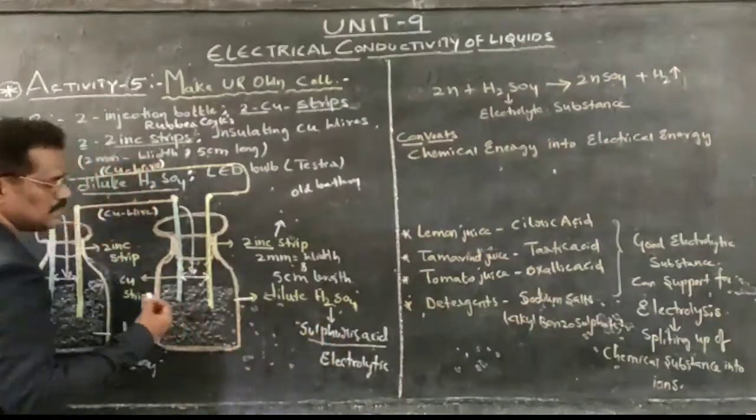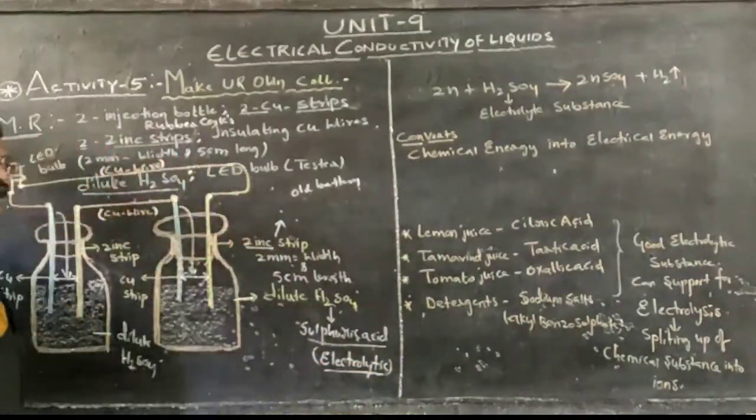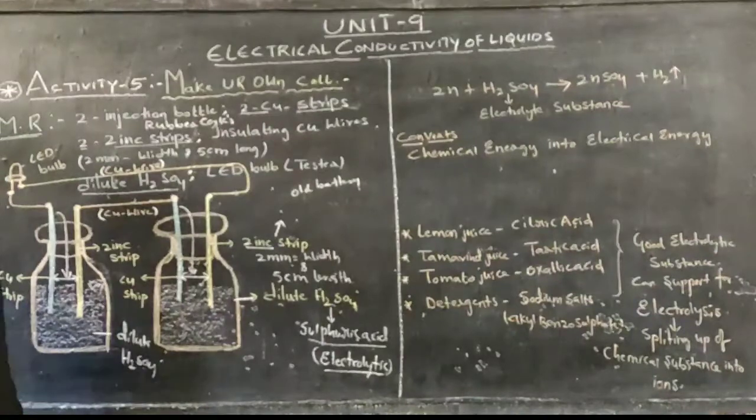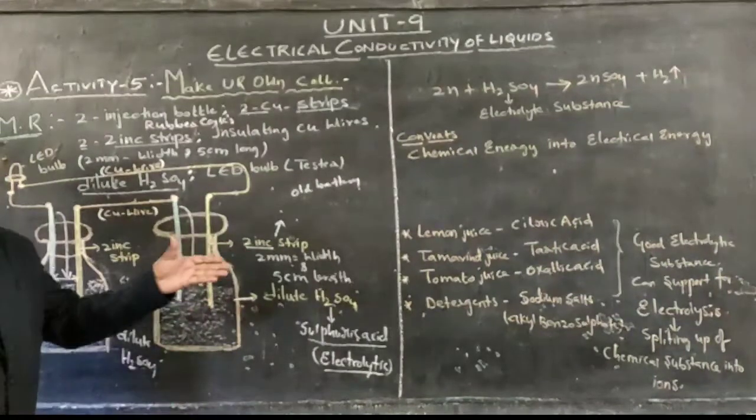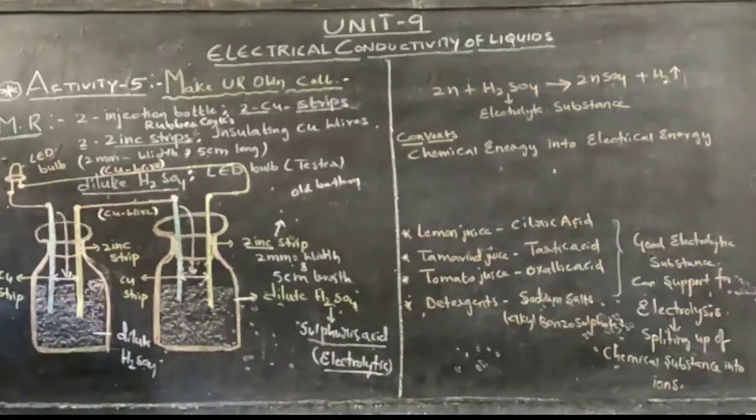Dilute sulfuric acid acts as a good electrolytic substance, which allows electricity to pass through.